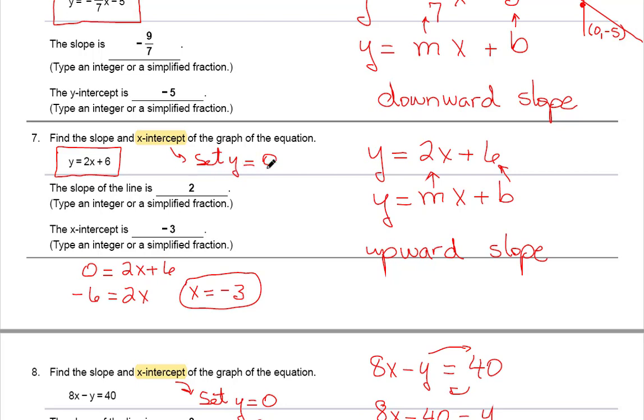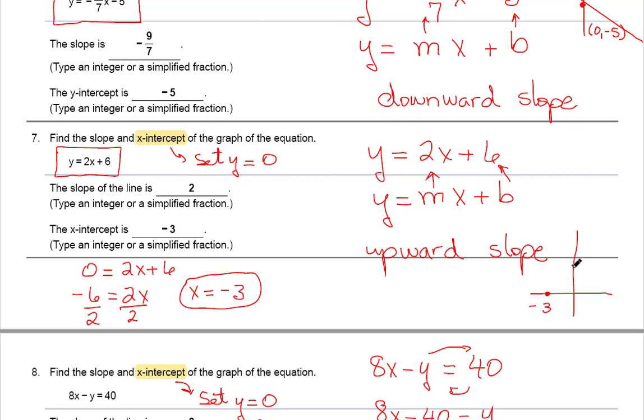To find that, I set y to 0 and solve. So move the 6 to the left by subtracting 6 from both sides, and then divide both sides by 2. And so x is minus 3. So I can make a better sketch this time. Let's see. I know it's crossing at minus 3.